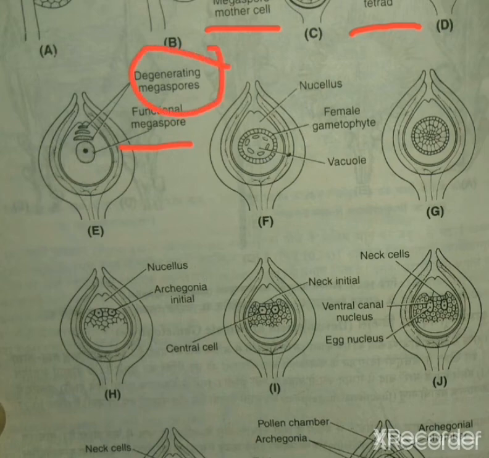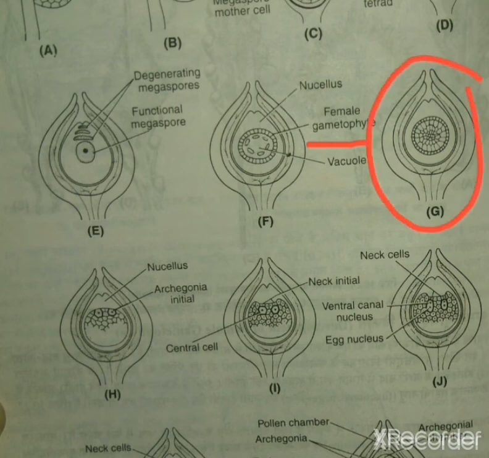After that, the functional megaspore forms the female gametophyte, which forms archegonial initial cells, and in gymnosperms two or more archegonia are formed. Here the main development of the ovule occurs, and the egg is present in the archegonia.